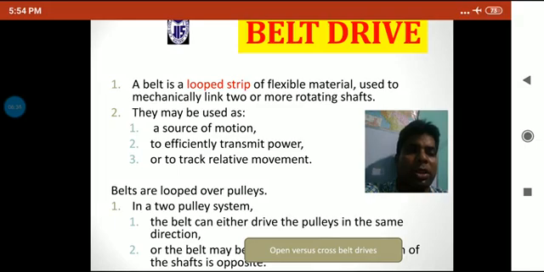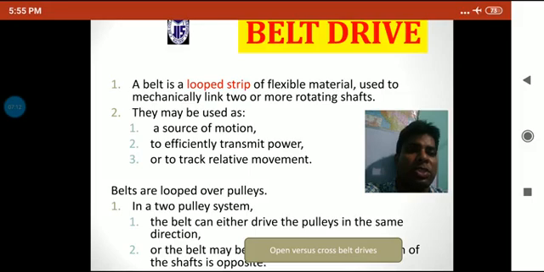The tight side tension is always much bigger than the slack side. So point number two, the belt tension exceeds the permissible limits. Number three, the belt becomes slack due to stretching. The belt has a tendency to stretch because of its elastic property. That may also be due to some frictional occurrence between the pulleys and the belt material.